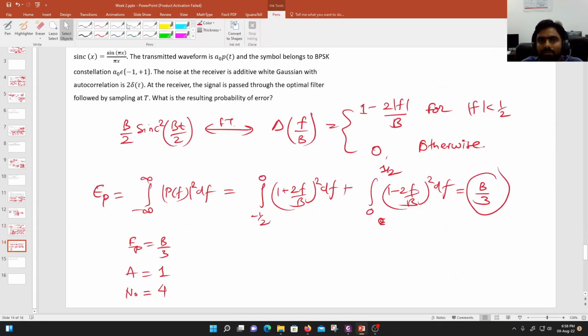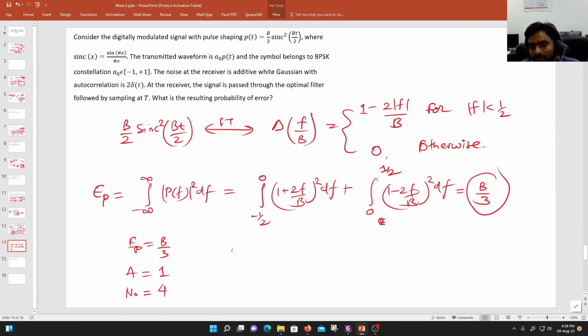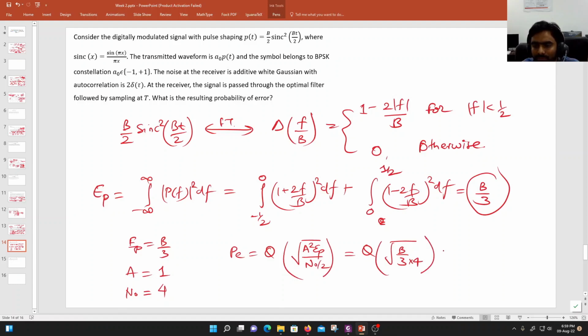Now directly we can substitute these values in this probability of error, that is Q of under root 2 square PT by N naught by 3. So A square is 1, PT is E by 3, N naught, so 4, by 2, so it would be plus.